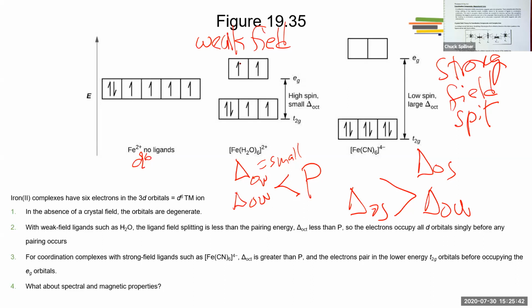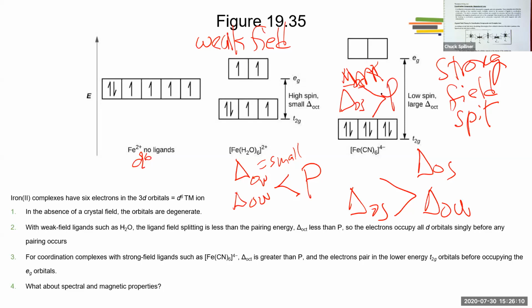In the strong field case, though, delta O strong is greater than the pairing energy.